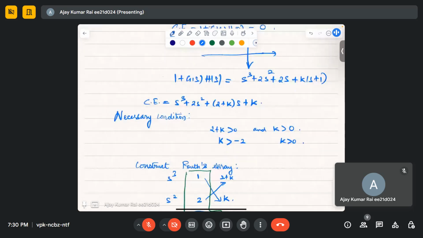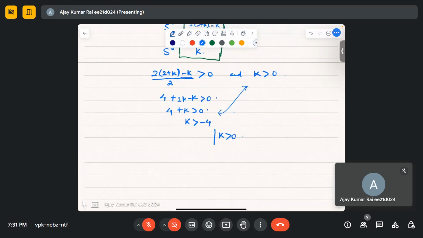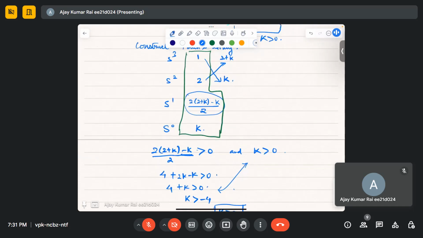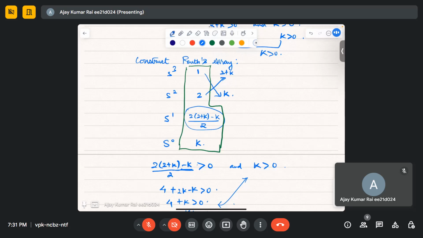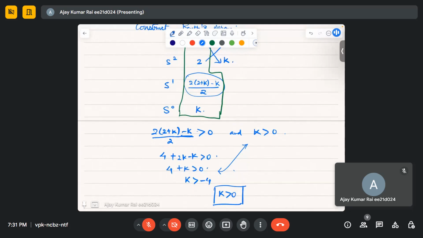So if we ensure k greater than 0, all the values of this first column will be greater than 0. Although if we ensure k greater than minus 4, this value would be positive, for minus 4 to 0 this will be negative.